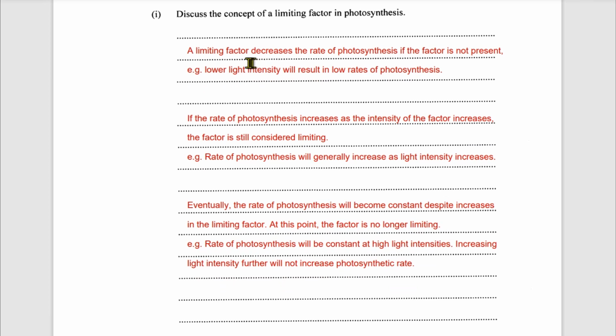So a limiting factor decreases the rate of photosynthesis if the factor is not present or if the factor is in low concentrations. So if you have a low light intensity, that will result in low rates of photosynthesis.